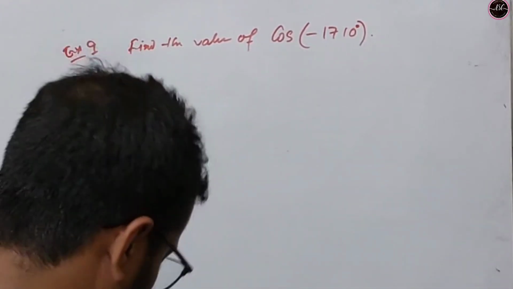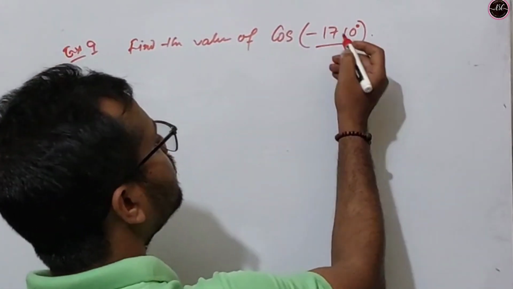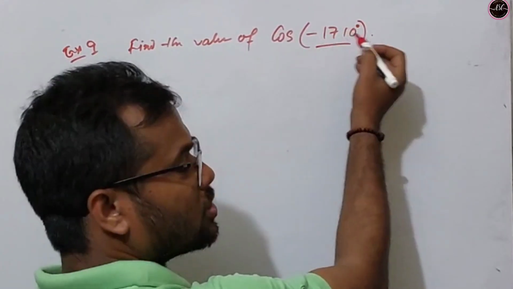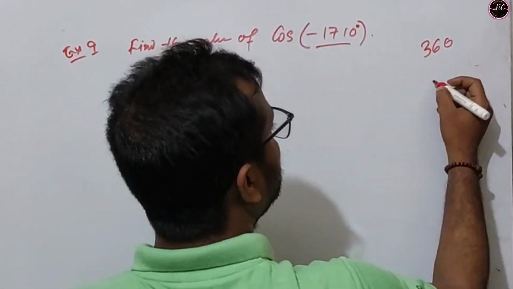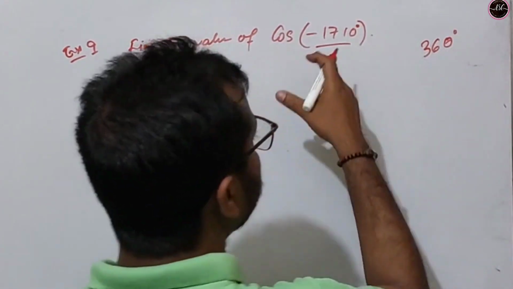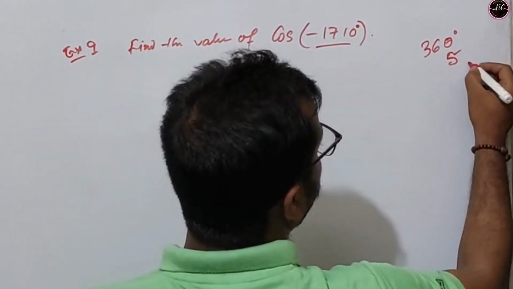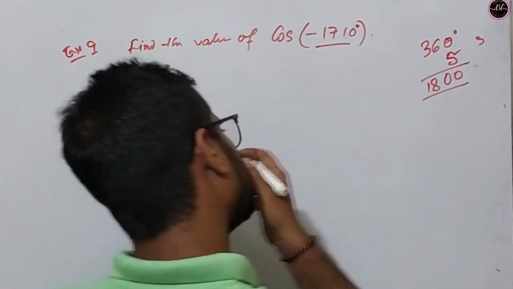So the number after or before 1710 we have to get. So 360 into 5, that means 1800.